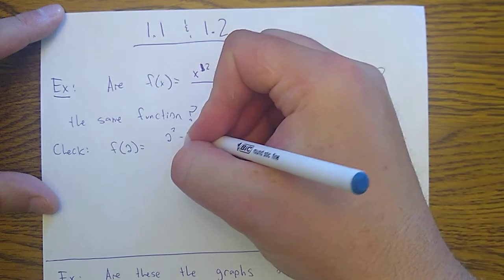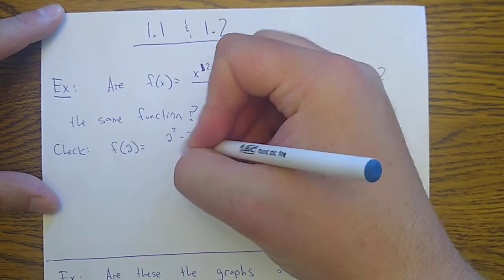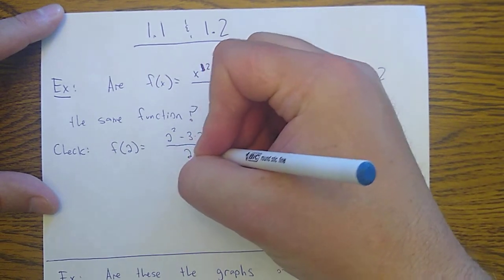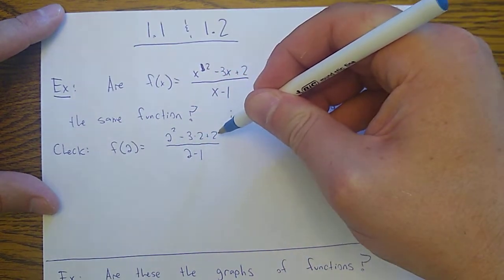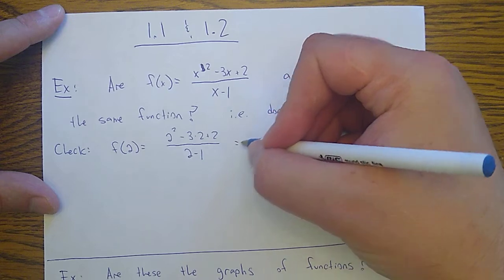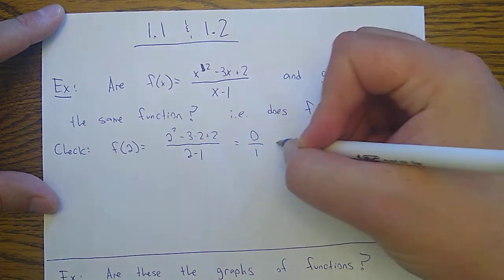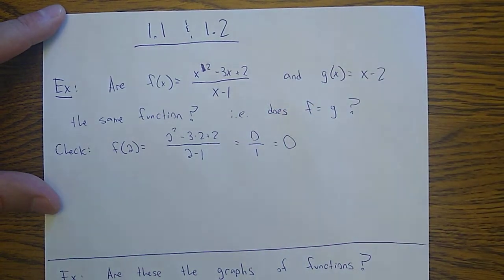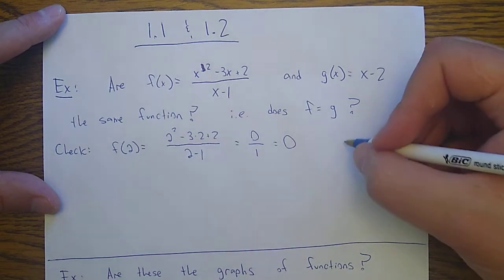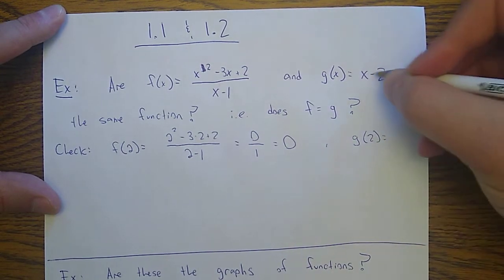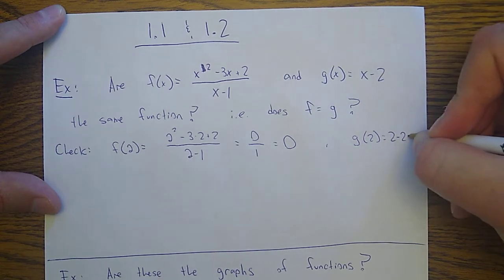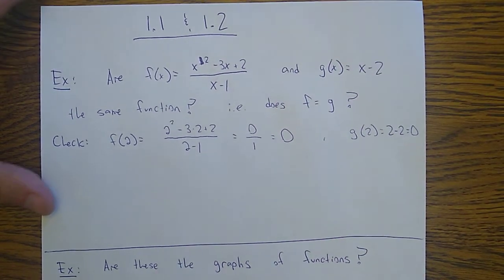So why don't I just do this? On the top I've got 4 minus 6 plus 2, which is 0. So f of 2 would be 0. Meanwhile, g of 2, if I look up here, is also 0.